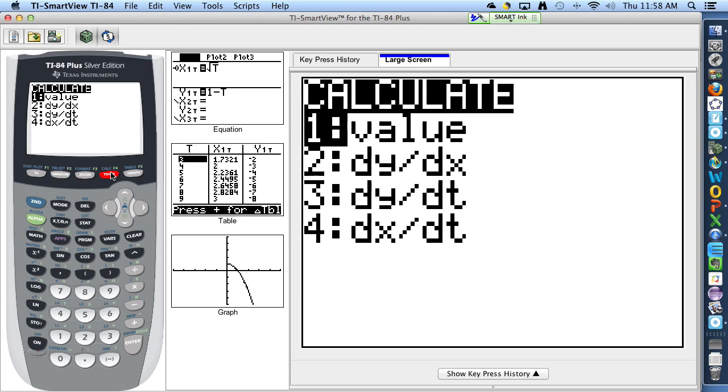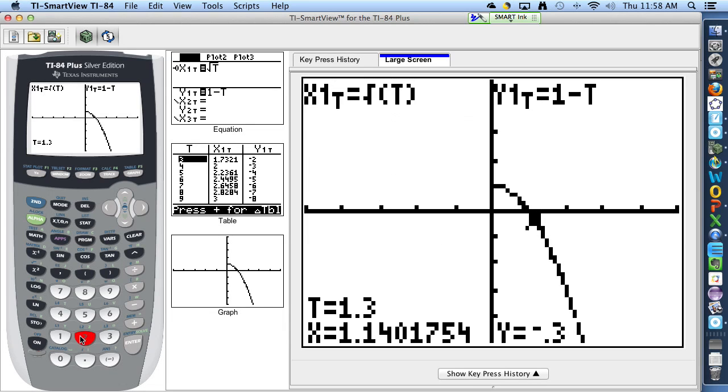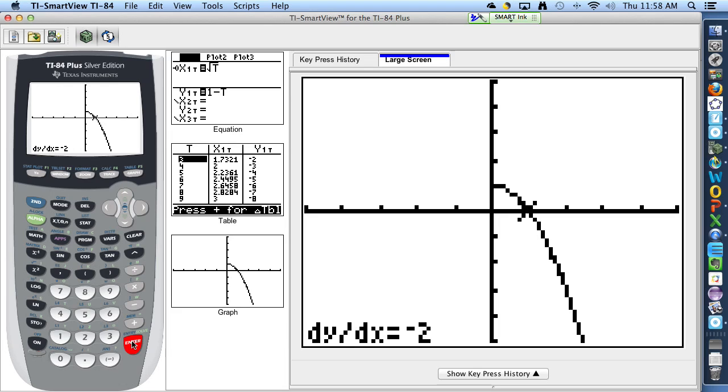So if you go to dy/dt, and let's just take 1 as an example, the derivative is negative 2. And that should make perfect sense based on the information we just did. We just said it's equal to negative 2 root t. When t is 1, the derivative is negative 2. All right?